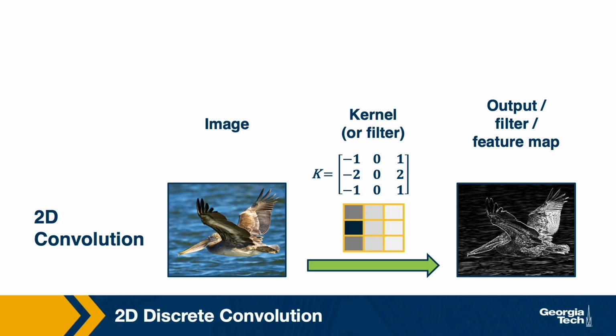You can see that this kind of looks like an edge. And this is not a coincidence. What we'll have is this filter will be convolved with image patches, so portions of the image. And if portions of the image have very dark locations on one side and very light locations on the other side, this filter will activate very highly. And so you'll have very high values in the corresponding region in the output map.